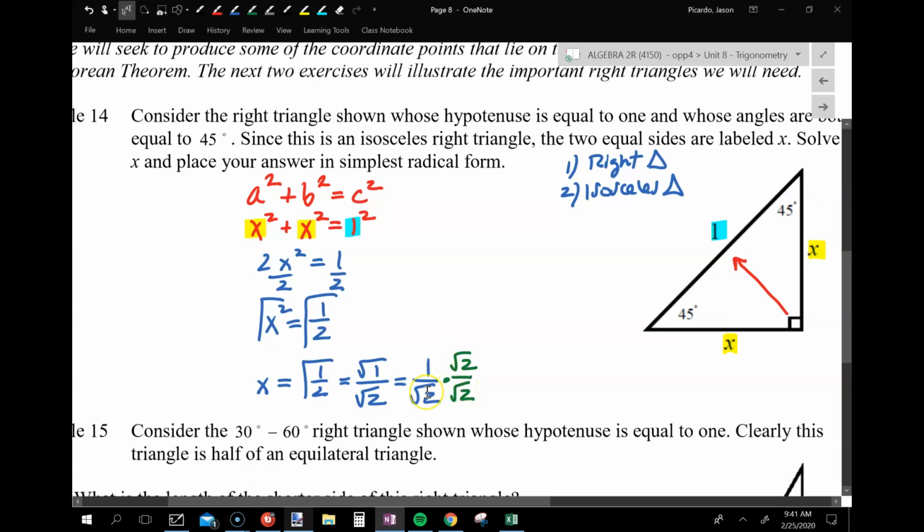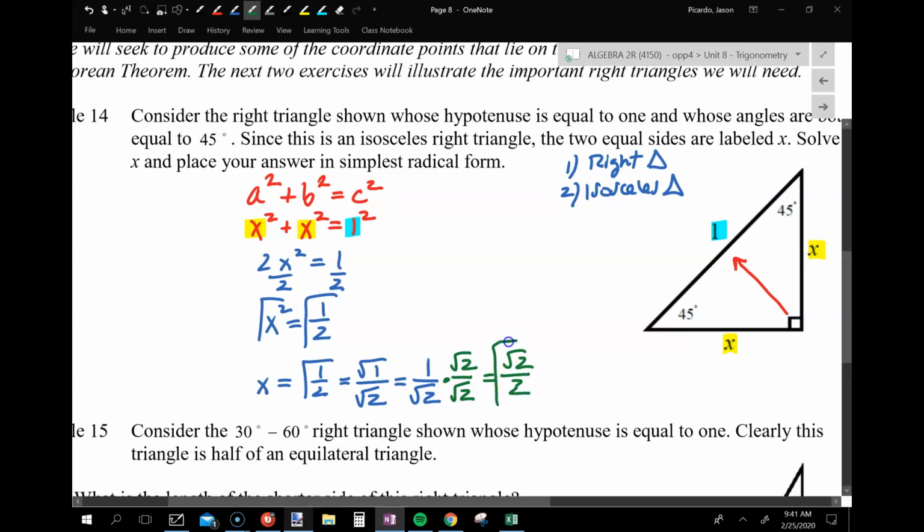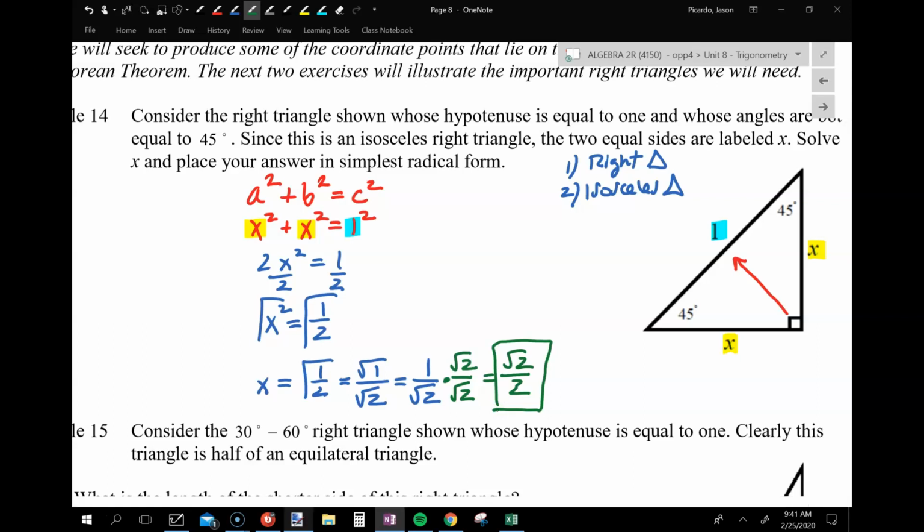So if I multiply by 1, did I change the value? No. What's 1 times radical 2? Radical 2. And you guys just told me that radical 2 times radical 2 is radical 4, and radical 4 is 2. All right, so the value of x is radical 2 over 2. Correct. That's exactly right.